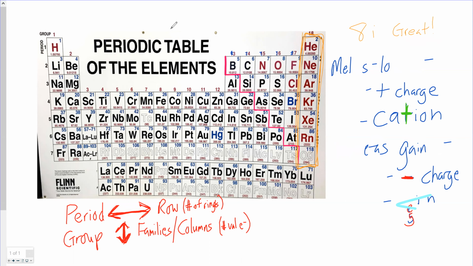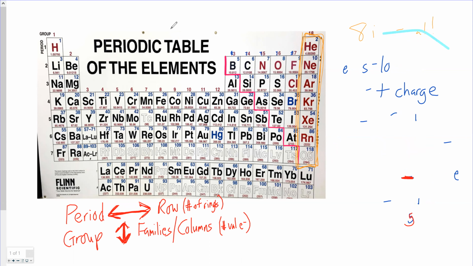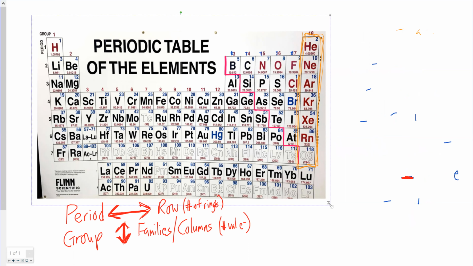All right, and we're going to talk about this new trend we got, okay? The name of the trend is called electronegativity. All right, and I'm going to make this just a little bit smaller so that we have room to write.